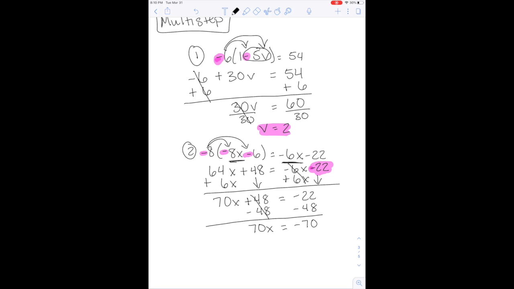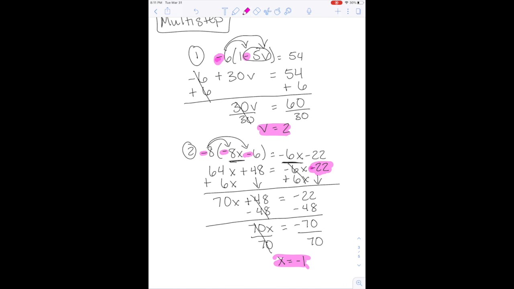Our final step, divide both sides by 70. X equals negative 1. So those of you watching, is that negative important? Hopefully you all said yes. It makes a big difference if it's a negative or a positive, especially if we're talking about bigger numbers.